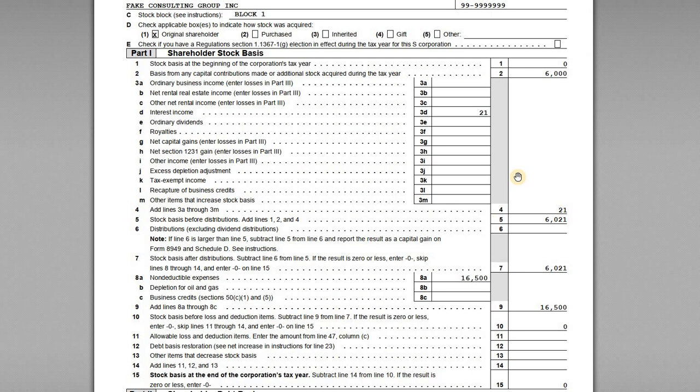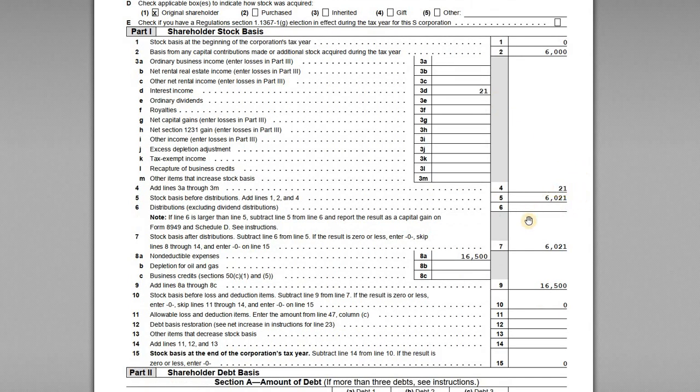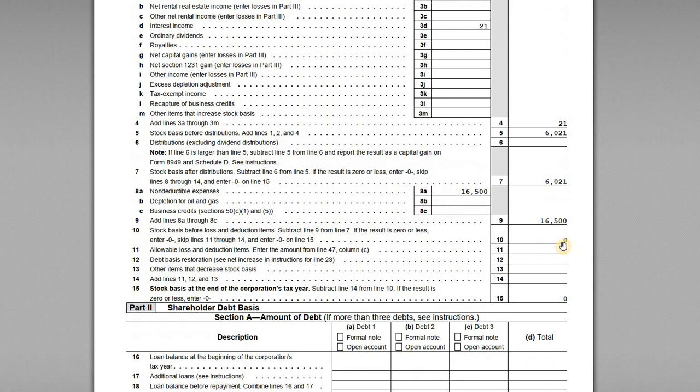So you see the basis reconciliation, very similar to what we saw on the schedule that was part of our K1 package. So we have a $6,000 increase from capital contributions, $21 in interest income. So her basis before distributions and before non-deductible items and losses is $6,021. Now remember, we have not made an election to reorder this.